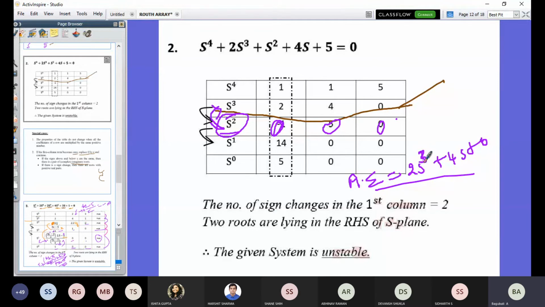Correct or wrong? So d(AE)/ds: if you differentiate this auxiliary equation, what will you get? 6s square plus 4. dE by ds, so we will get 6 into s square plus 4. Correct, dear?